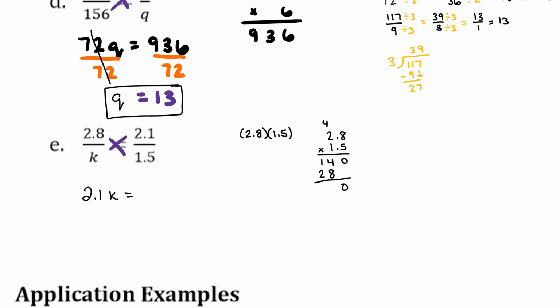We add these together, 0, 12, and 4. And now there was 1 decimal place in 2.8, and there was 1 decimal place in 1.5. So that's a total of 2 decimal places. So I need 1, 2. So I get 4.2.